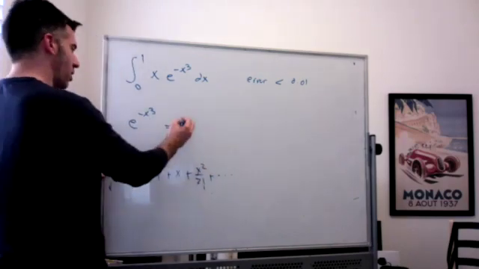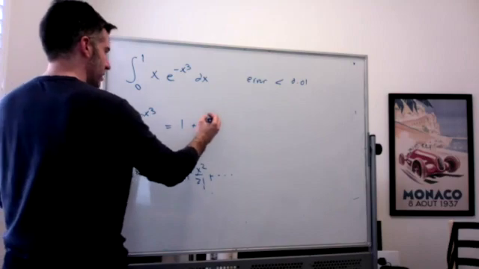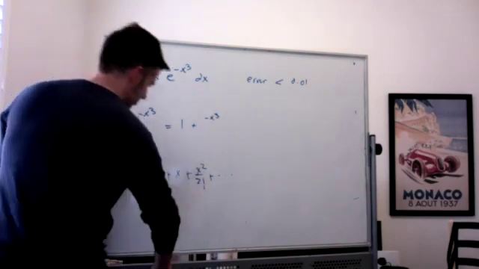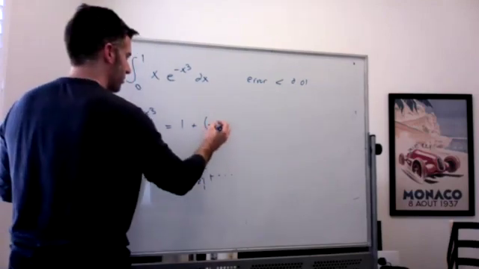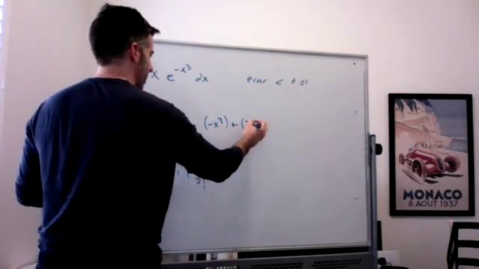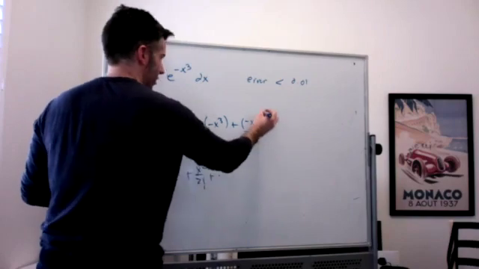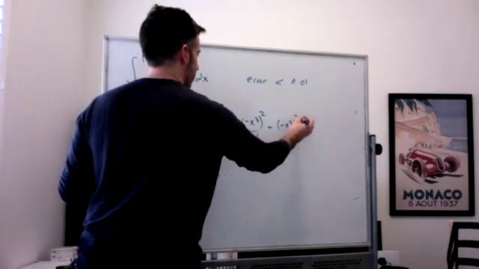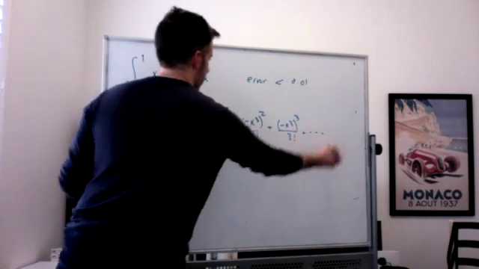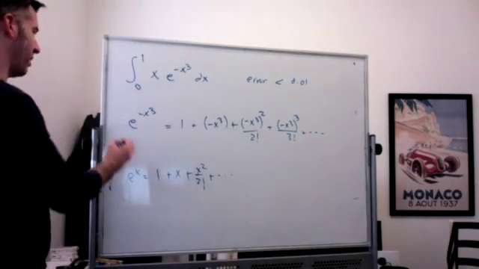So this is going to be 1 plus negative x cubed plus negative x cubed squared over 2 factorial. And then we're going to multiply that by x.